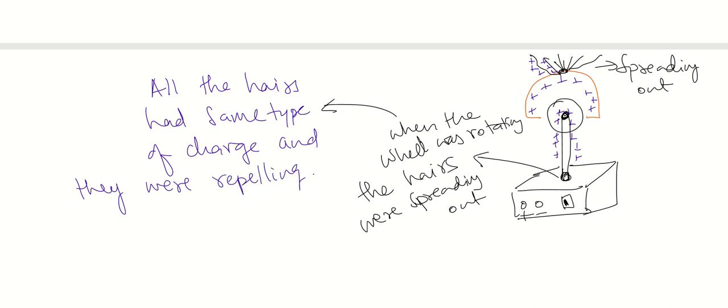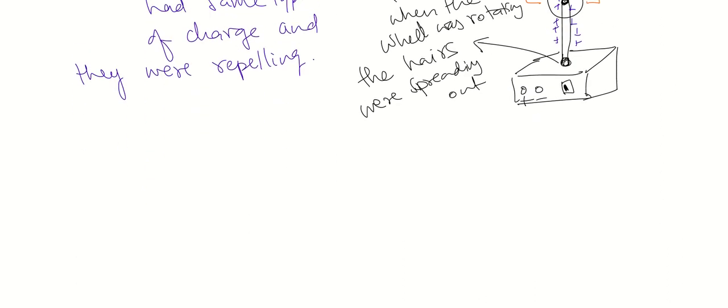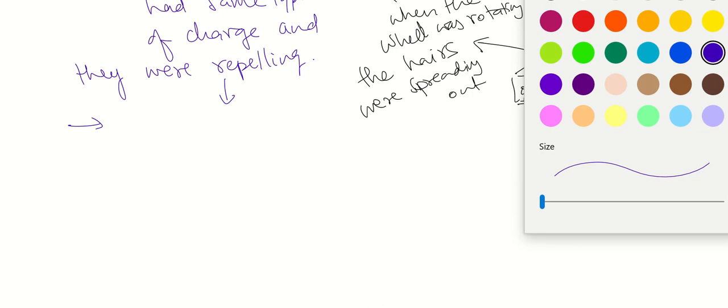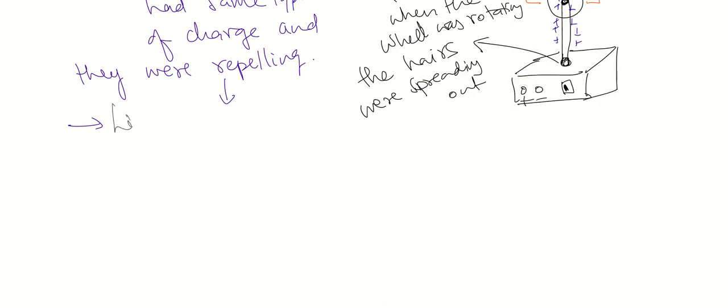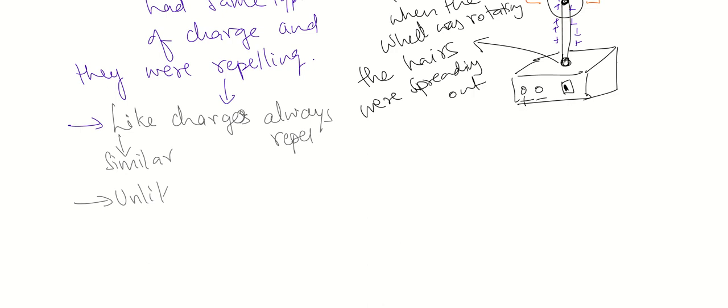So what do we mean by repelling here? This means that like charges always repel. By like charges I mean similar charges. And unlike charges always attract. Unlike charges means dissimilar.